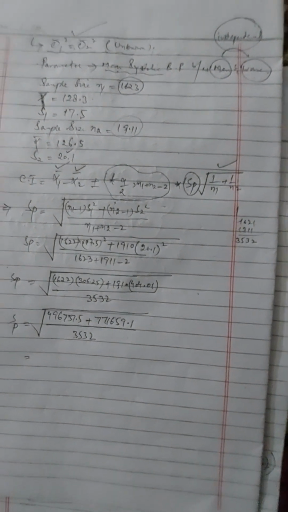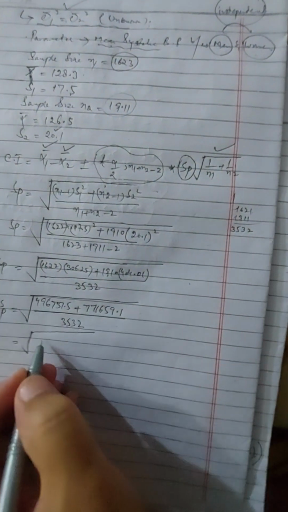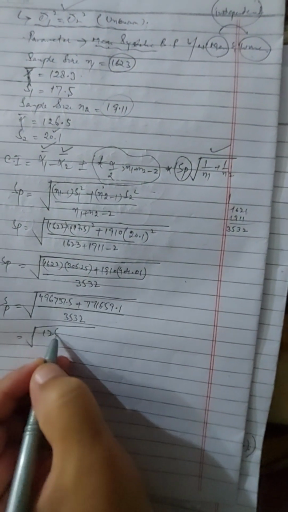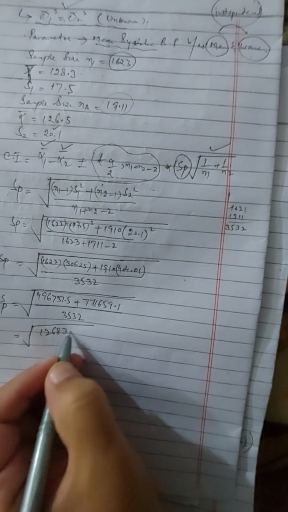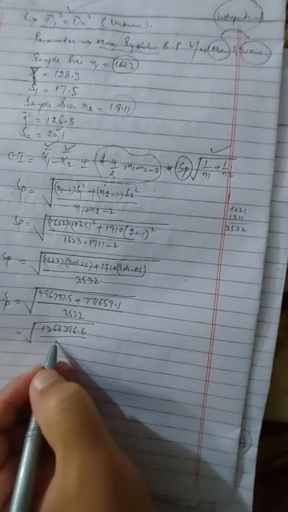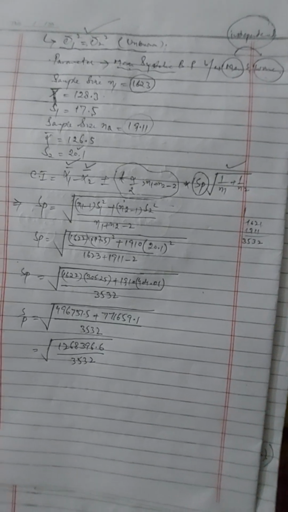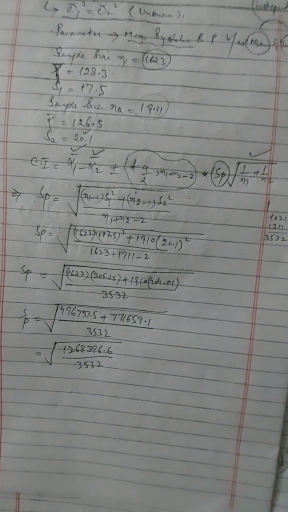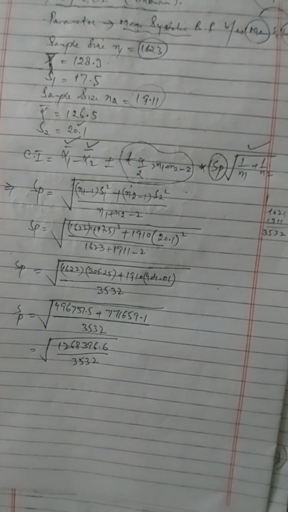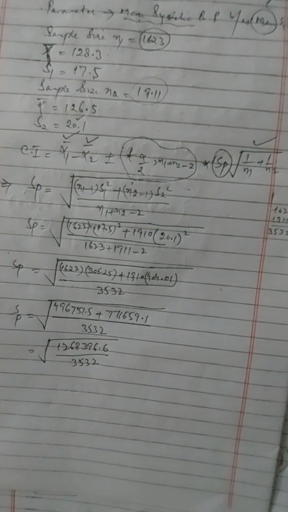It will give us a total value of 1268396.6, divided by 3532.